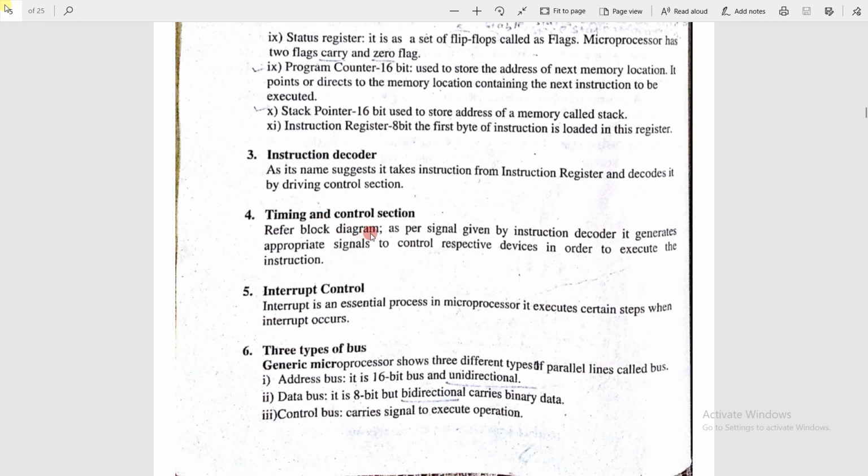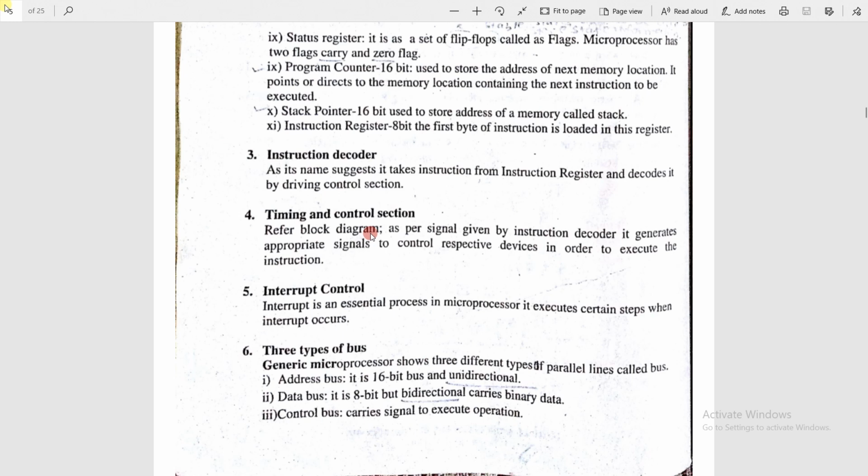Fourth, timing and control section. As per the signal given by the instruction decoder, it generates appropriate signals to control the respective device in order to execute the instruction. For example, my instruction was to display the output.